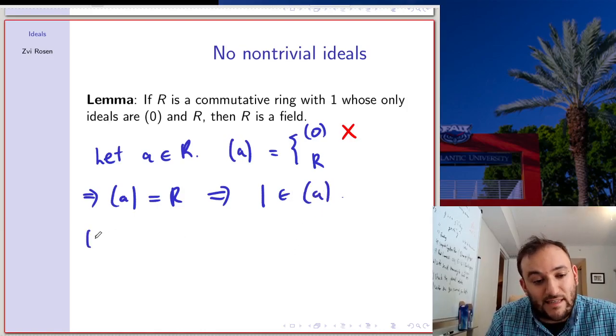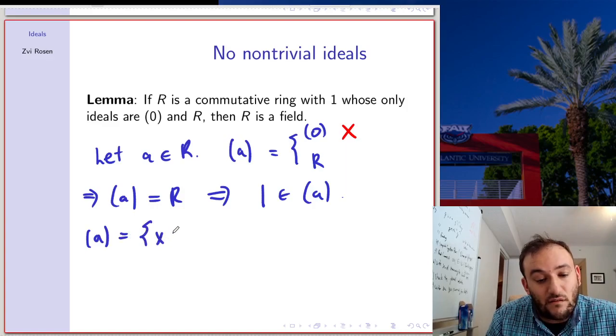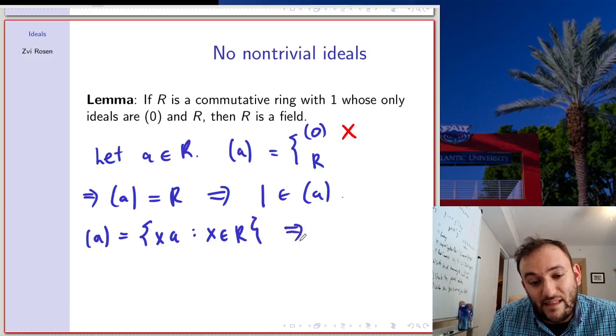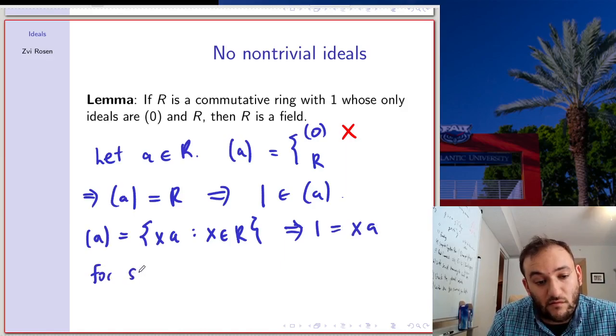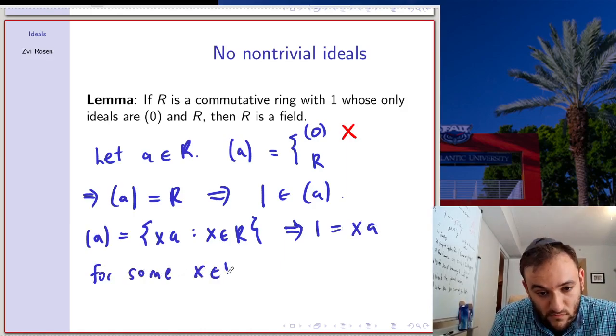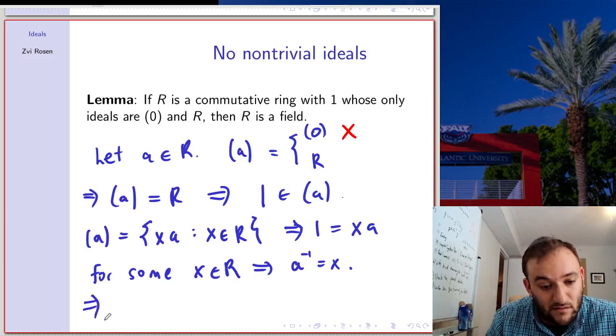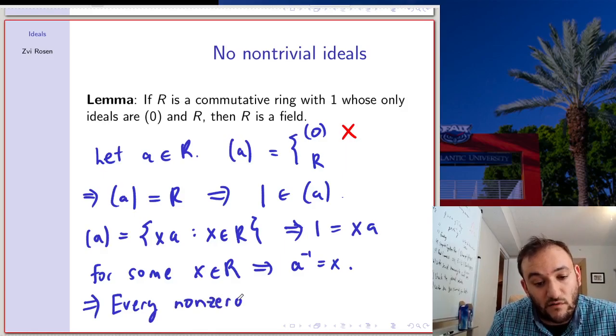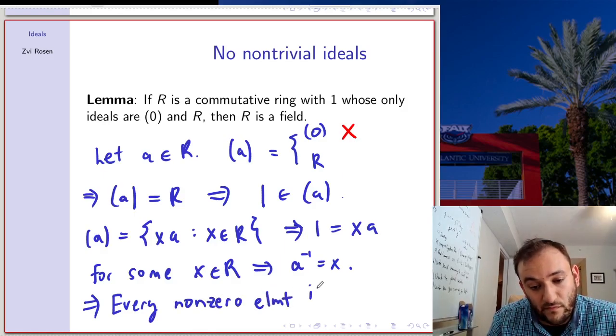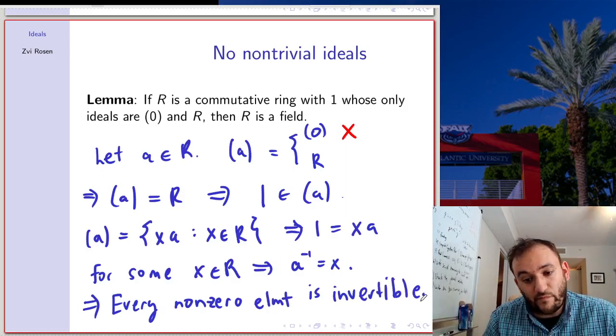But we know (A) is the set of products XA where X is in R. That means that 1 has to be of this form, and that means that A inverse is equal to X. So every non-zero element is invertible. Okay.